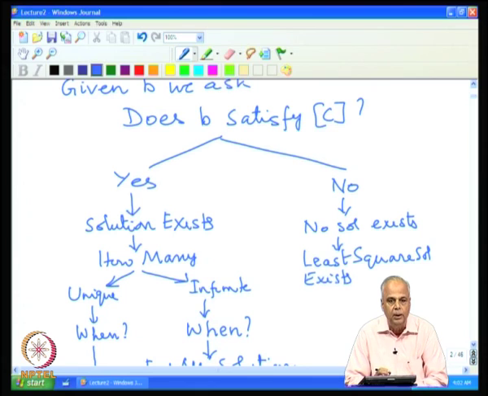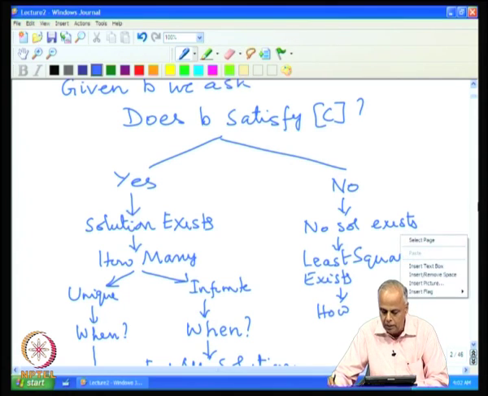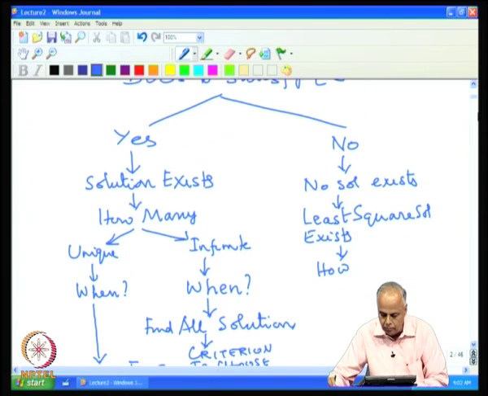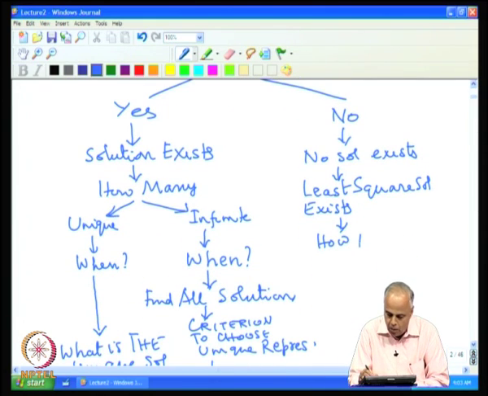That is the solution that minimizes the error between B and A x. Then once we have assured that the least square solution exists, we again ask, how many least square solutions are there?